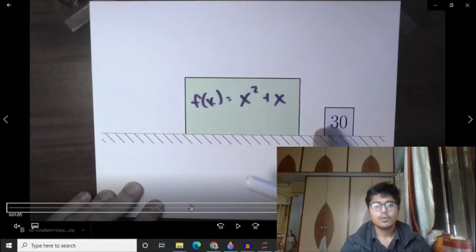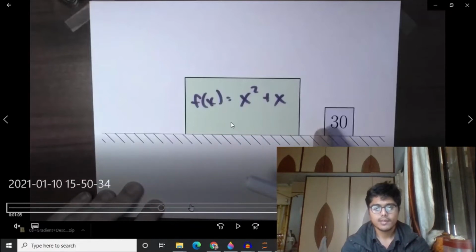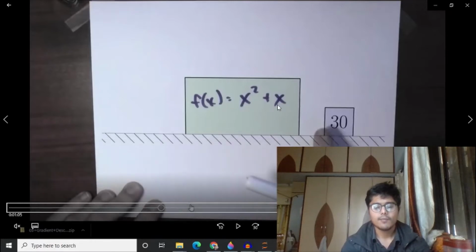The mechanism of this machine or function is given by this formula. This formula says that I will take x and output x squared plus x, in this case 5 squared, which is 25, plus 5, which is 30. So just understand a function as a kind of machine which takes input and produces output.